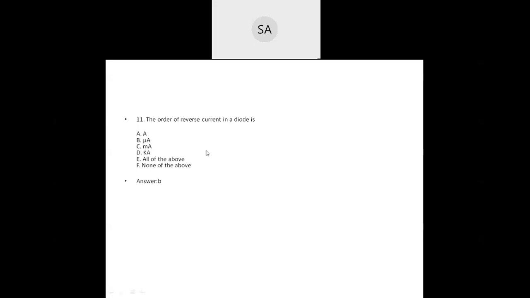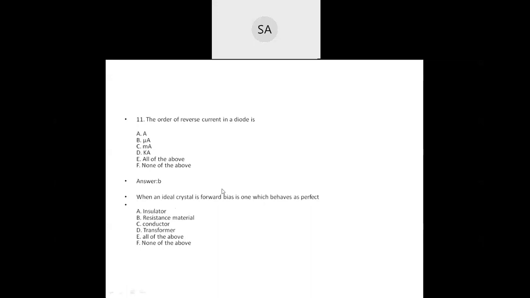And the next one is, when an ideal crystal diode is forward biased, it behaves as a perfect what: insulator, resistance material, conductor, transformer, all of the above, or none of the above. Diode is forward biased, so it will not act as an insulator. Why?